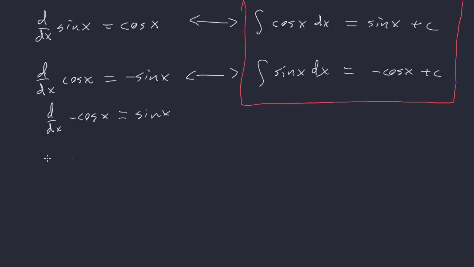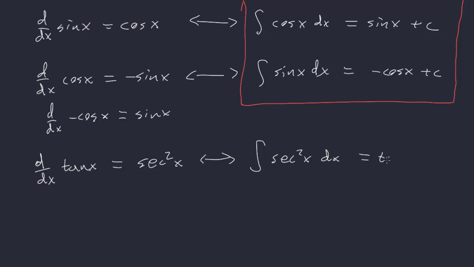Okay. Next up, the derivative with respect to x of tangent is secant squared x. So how we turn this into an integral rule is that the integral of secant squared x dx is tangent x plus c.